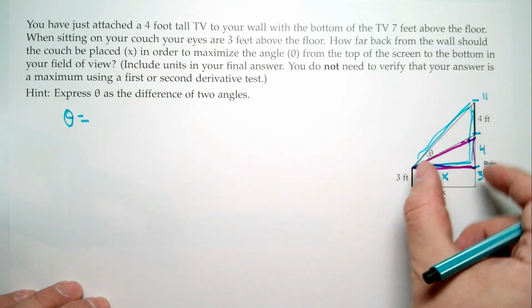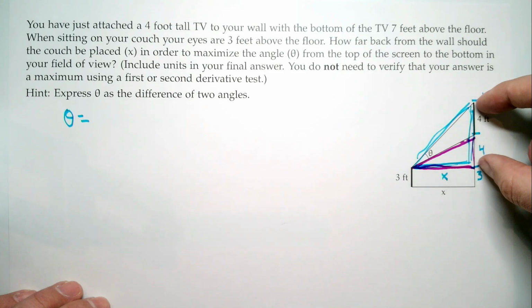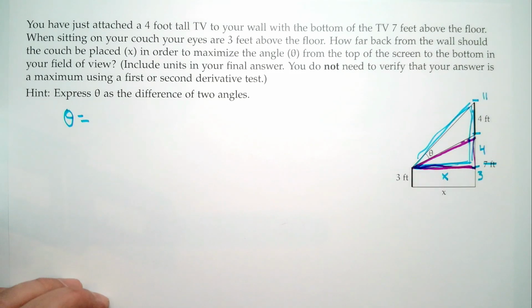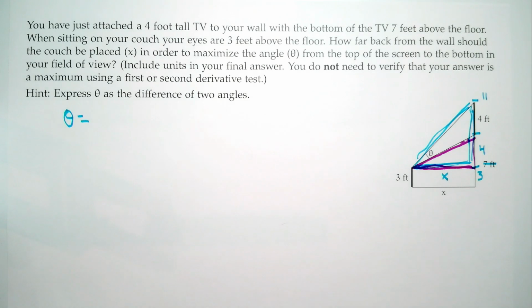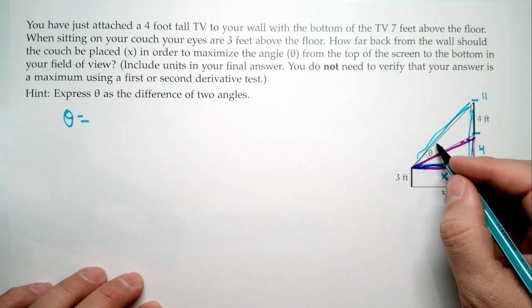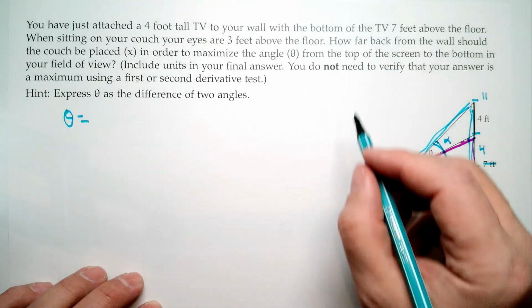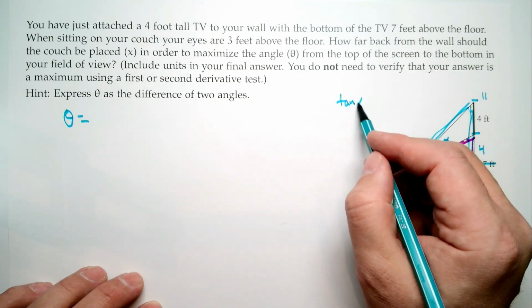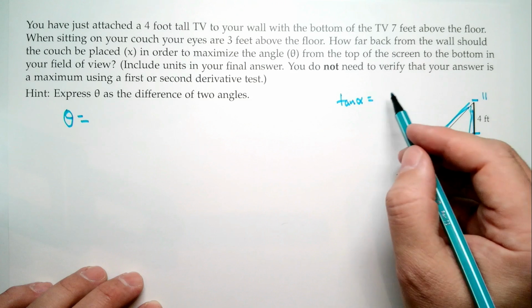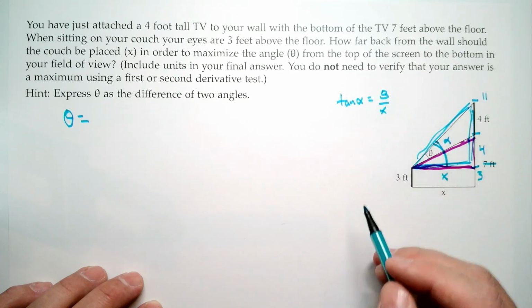So if I look at my two sides, I have 8 is my opposite side, and x is my adjacent side. What relates those two things together, opposite and adjacent? The tangent. So if I think of this big angle here as being my alpha, I could say that tangent of alpha is equal to 8 divided by x.